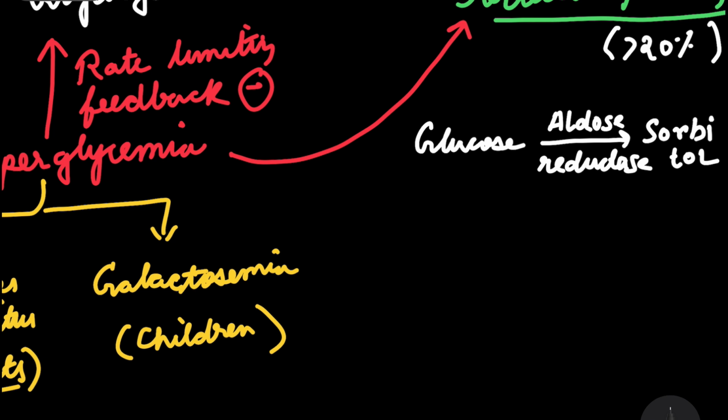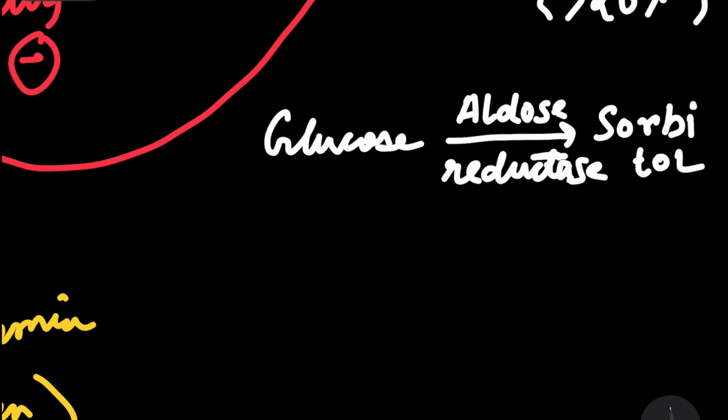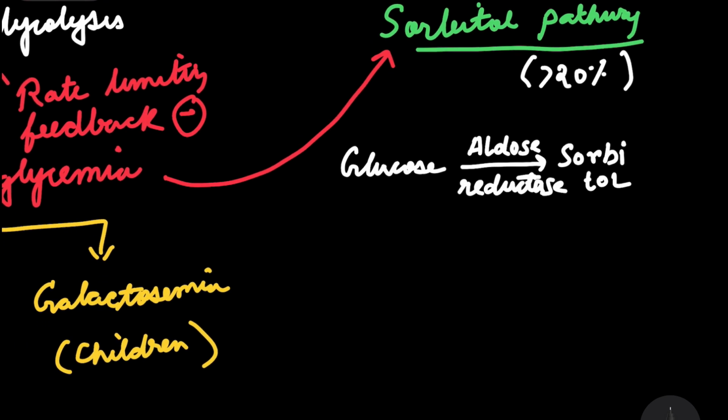We know that glucose is an aldose, so aldose reductase. Aldose reductase is the name of the enzyme. Okay, so glucose is reduced to sorbitol, and sorbitol is freely convertible to fructose.